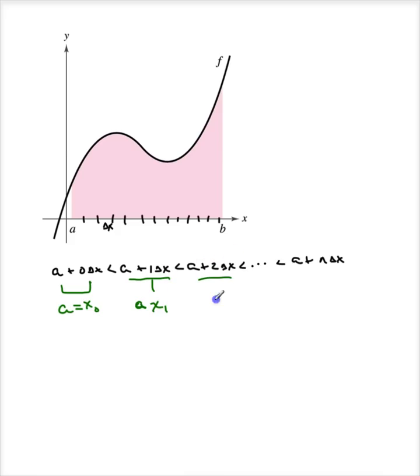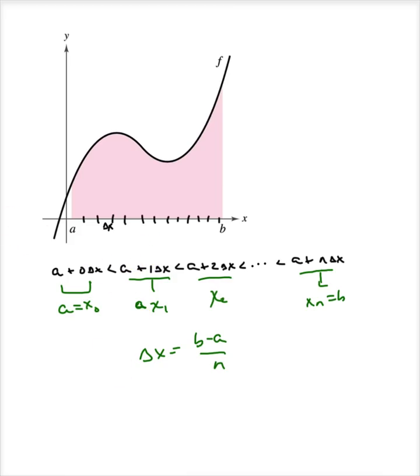This term is x sub 2, and so on, until this last term is x sub n, and that is equal to b. And you remember I've defined delta x as b minus a over n. Now, basically what I've done is I have defined each interval.